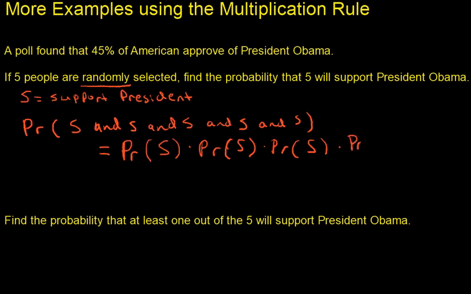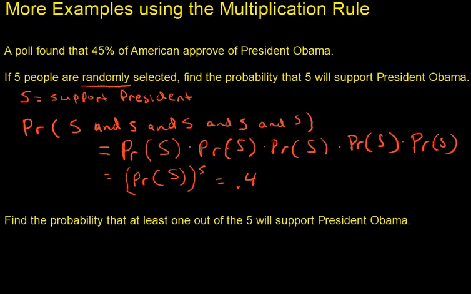All right, so I have to write it 5 times. 1, 2, 3, 4, 5. Of course this is just the probability of supporting the president to the 5th power. The probability of supporting the president is 0.45. It's 45% approve of the president, to the 5th power.